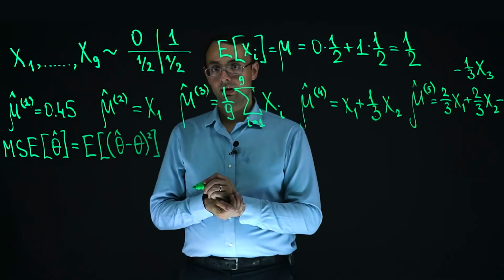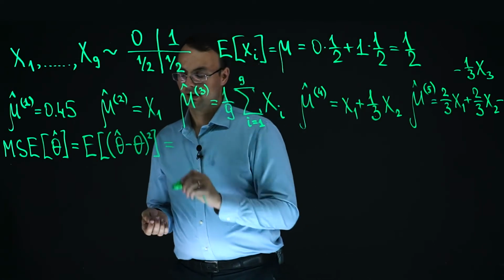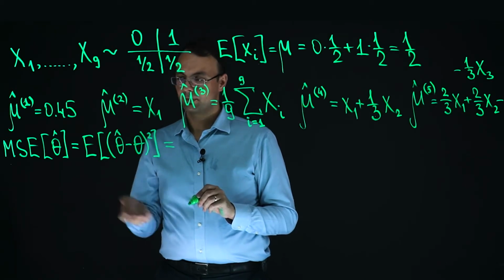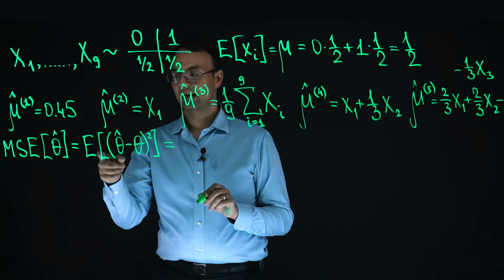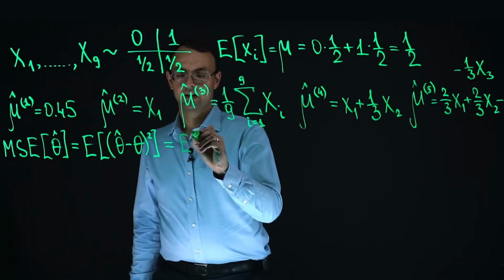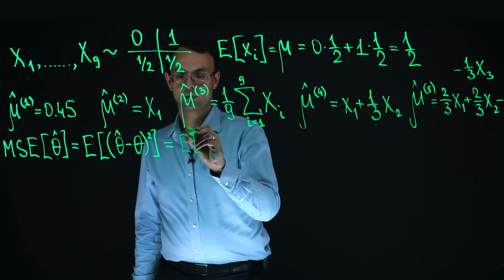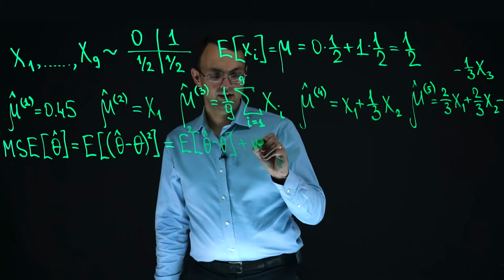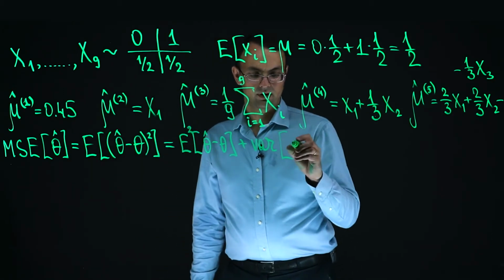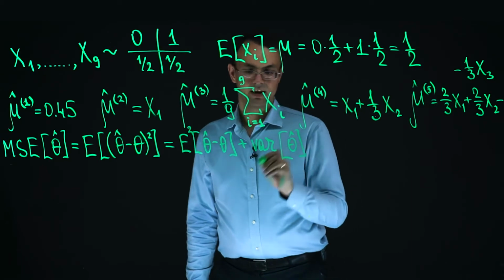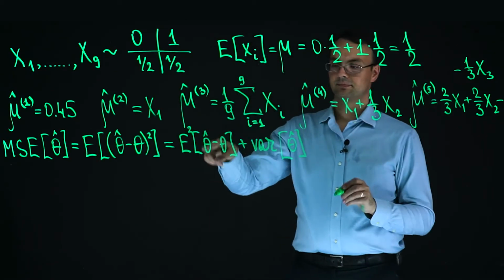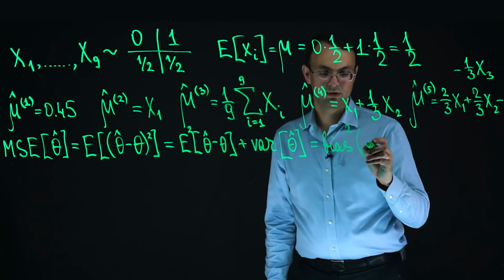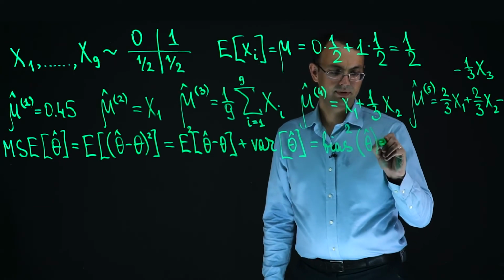Using the properties of the expected value and the variance, we get that this is equal to the squared bias of theta hat plus the variance of theta hat.